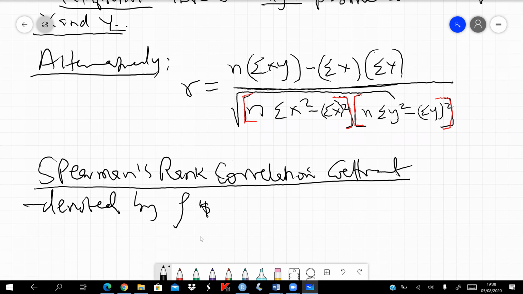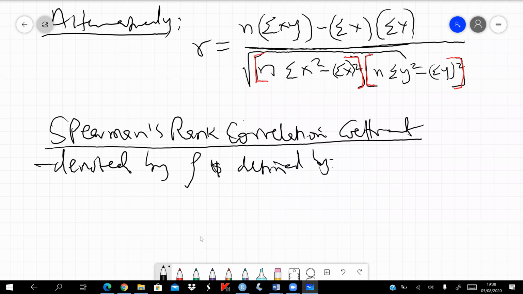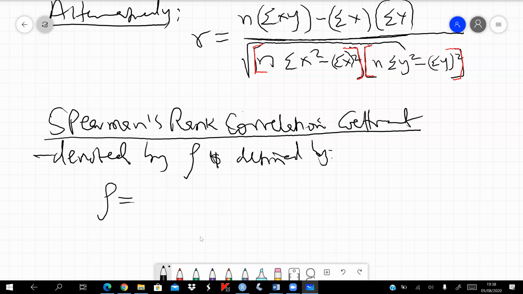And it is defined by this formula: rho is equal to 1 minus 6 sigma d squared over n, and so on. Please mute your microphone if the noise is coming from your side.